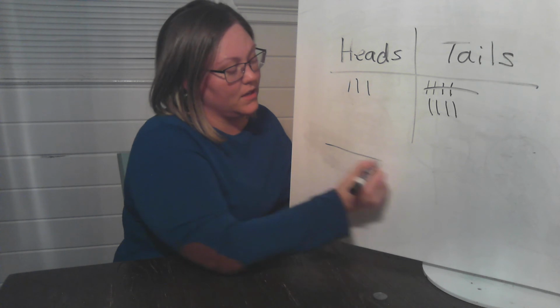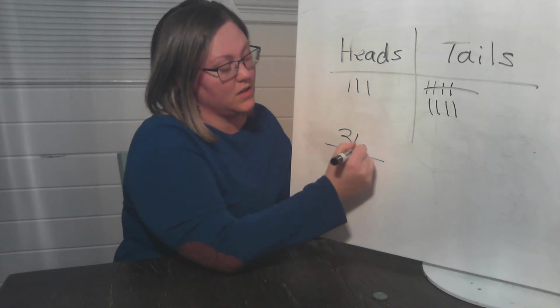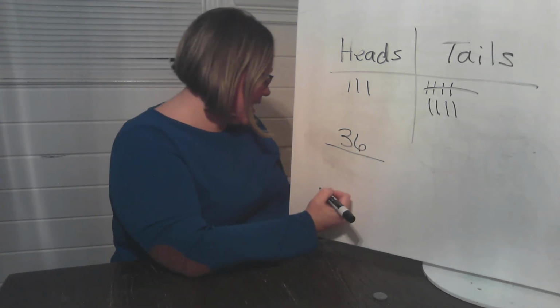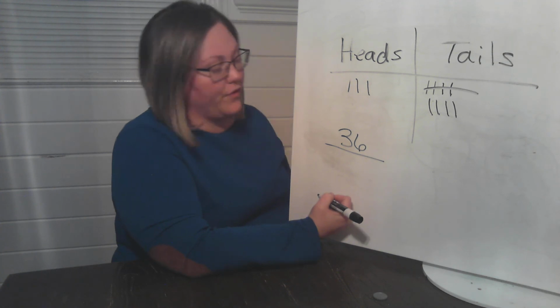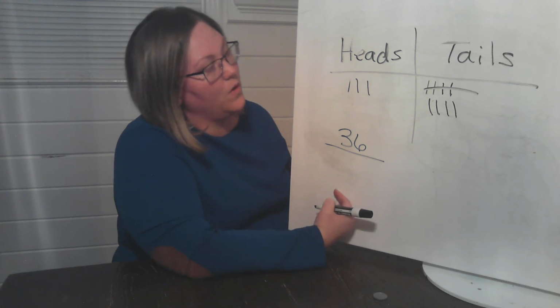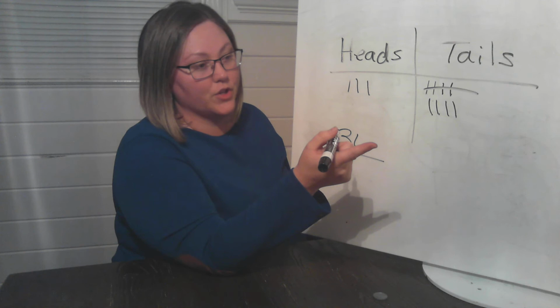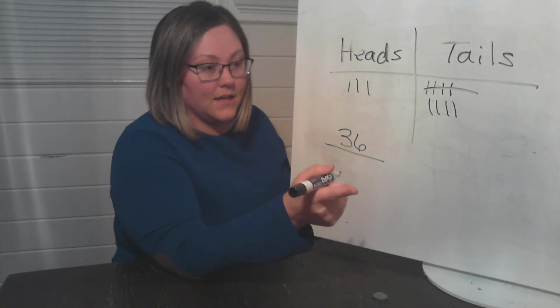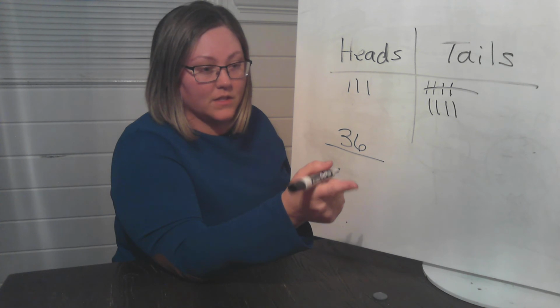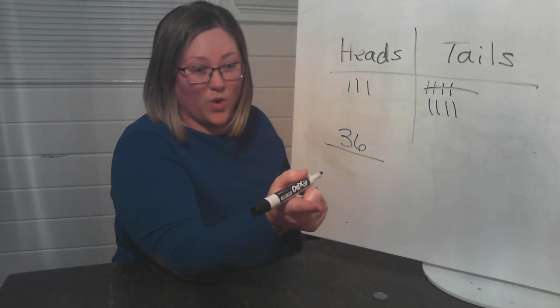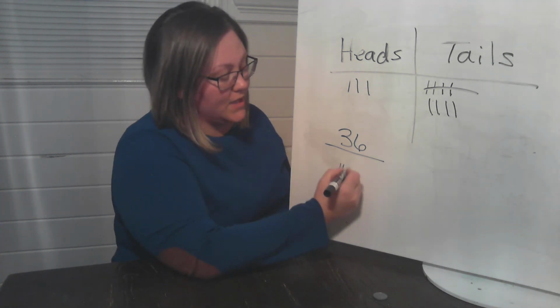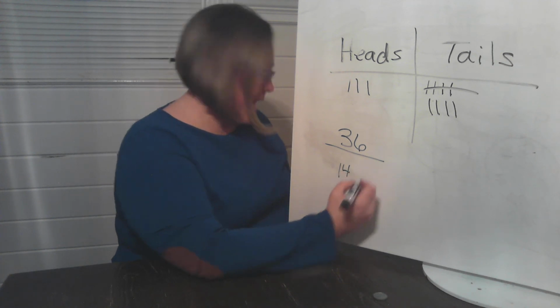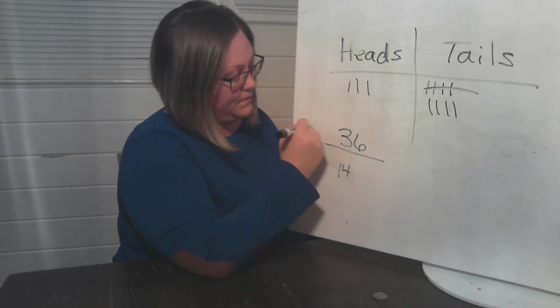So we had 36 tosses total. How many heads were for the whole class? Summer's group had 8, and your group had 5, so that's 13. And your group had 1. So we had 14 heads for our whole class.